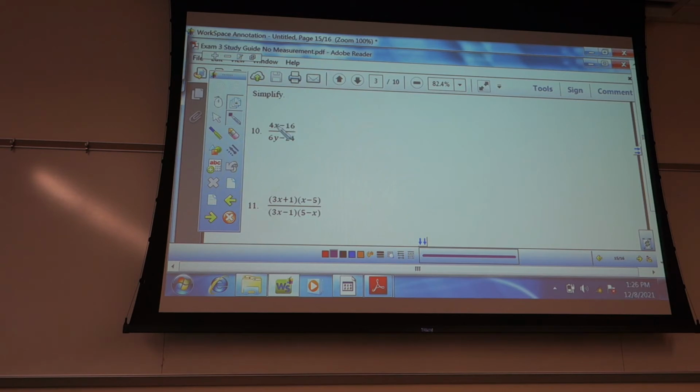So yours says y here, right? Yeah. So here, I can factor out some things. What can I factor out of 4y minus 16? 4. And I'm left with y minus 4. Yes? What can we factor out of the bottom? 6. Everybody do that. Find what you're left with if you factor 6 out.